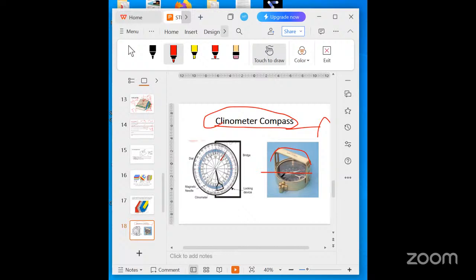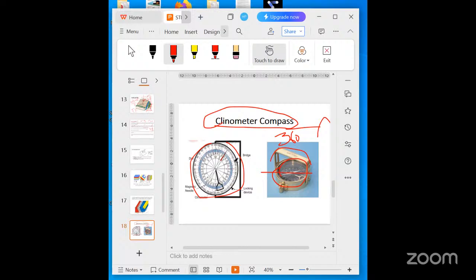So the compass has a circular dial, you see here, which is anti-clockwise, graduated with how much? 360 divisions. You see here, count this one. 360 divisions in the outermost circle for reading the direction.